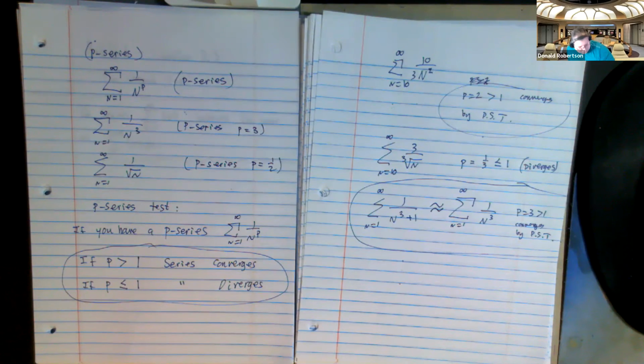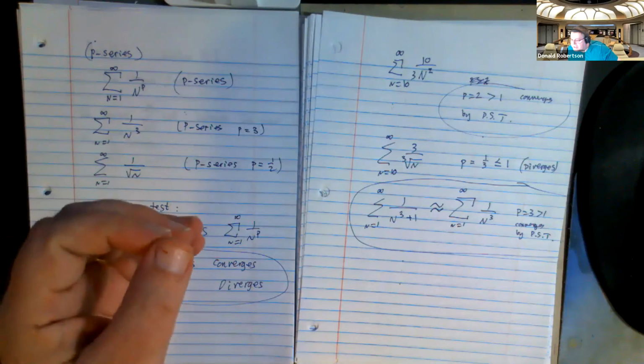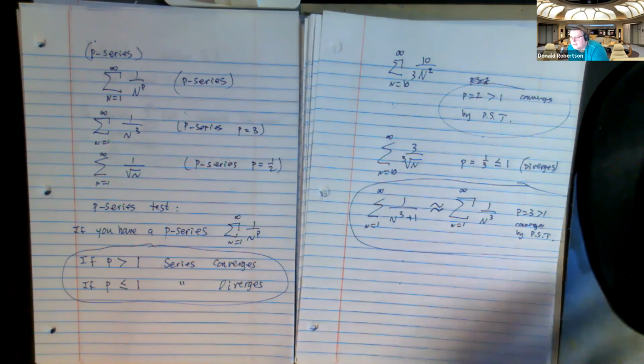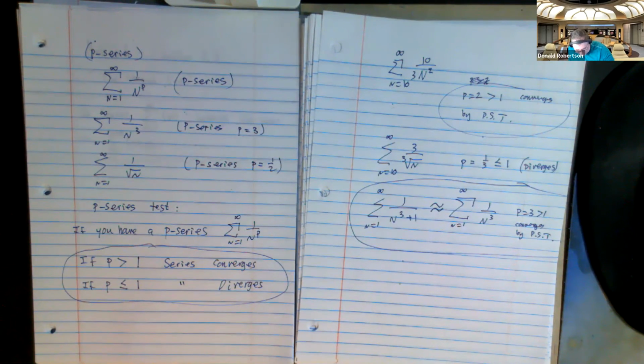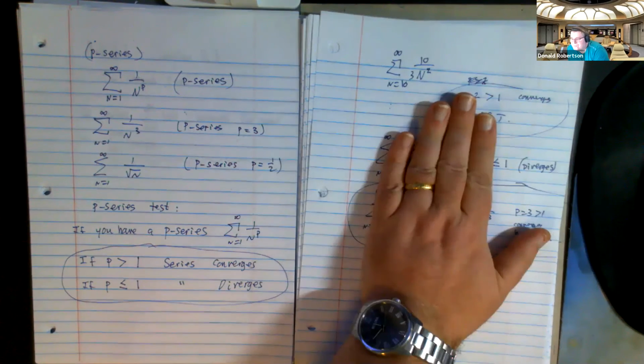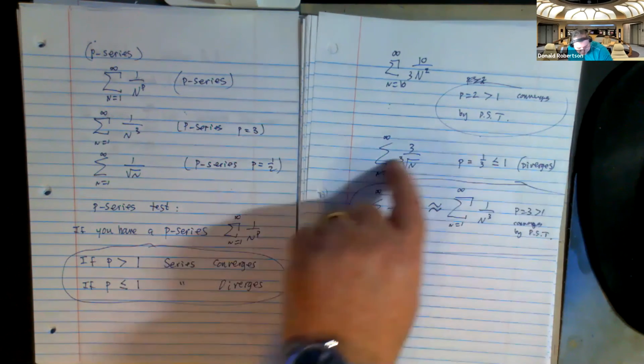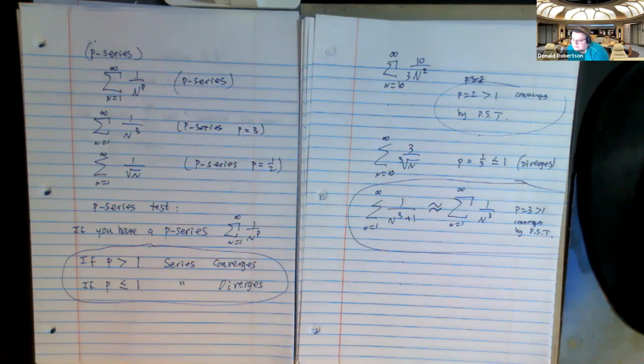So for something that was a lot of work, you had to do integration by parts and a U sub and maybe even a L'Hopital and all that. The integral test is very valuable because there are a lot of series in the world that are not P series, right? And so you do need the integral test to deal with those. But on the other hand, aren't there quite a lot of series in the world that are connected to P series?